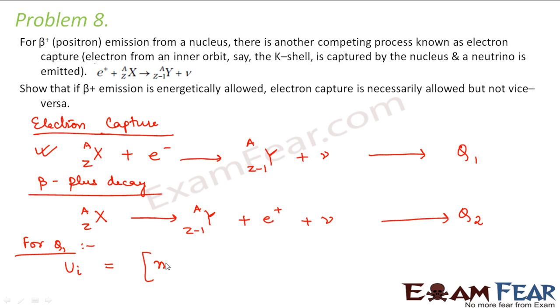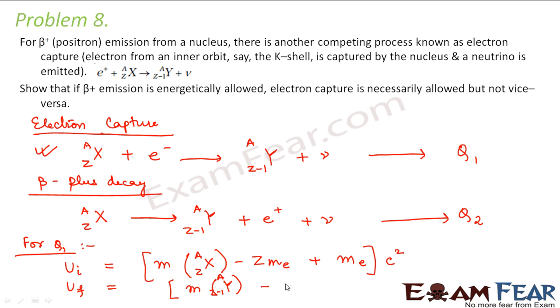Ui will be equal to the atomic mass of the parent nucleus minus, since we will be talking about nuclear masses, so we will subtract the mass of Z electrons from this, plus the mass of one electron, into c square. So what would be the final rest mass energy? That will be equal to the atomic mass of the daughter nucleus minus, how many electrons are there? Z minus 1.